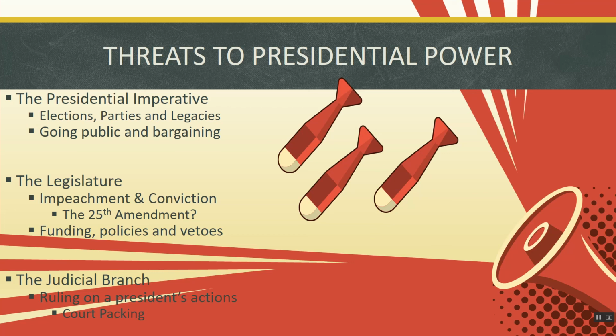Presidents want to leave legacies, and they don't want to be replaced by a member of the other party or a Congress of the other party that will then dismantle their policies. Barack Obama, for instance, was very popular at the beginning of his presidency, but not so much at the end of his presidency.